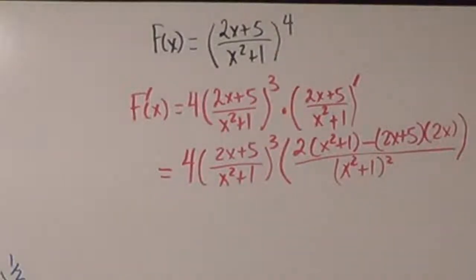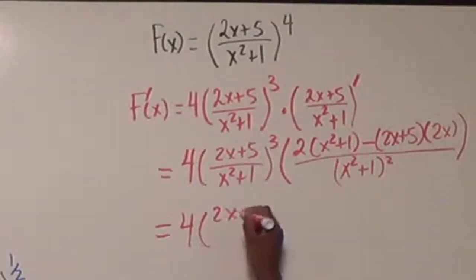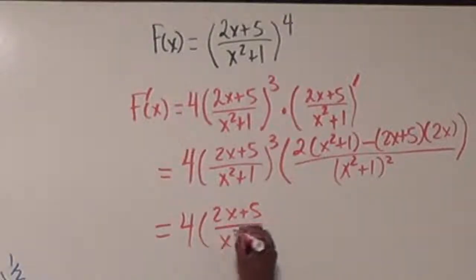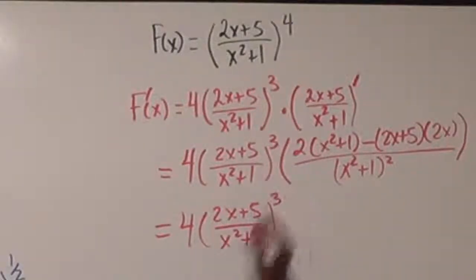Of course, just like every other function, we need to simplify. Okay. So we'll do this in stages. Again, the first piece I'm going to leave alone because there's not a whole lot I can do to that. At most, I'll be able to distribute the power to both the top and the bottom, but I'm going to have to simplify that bigger piece first. Okay.